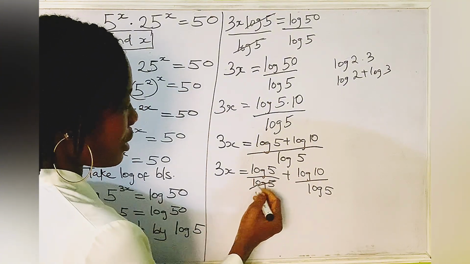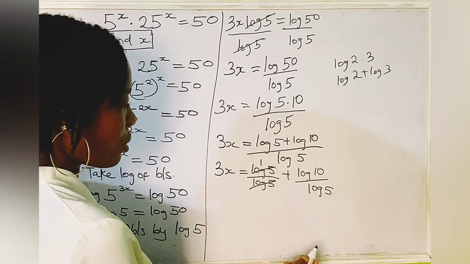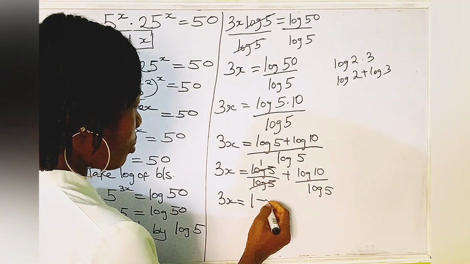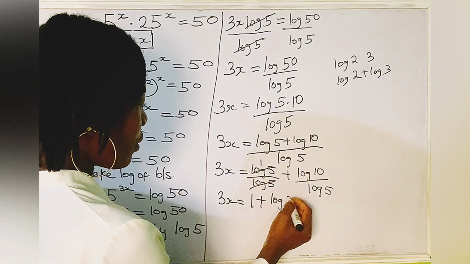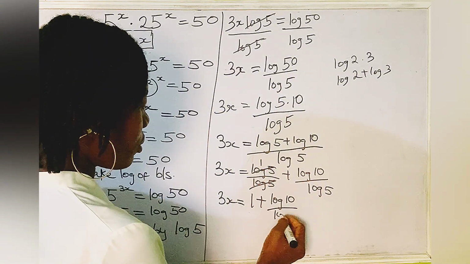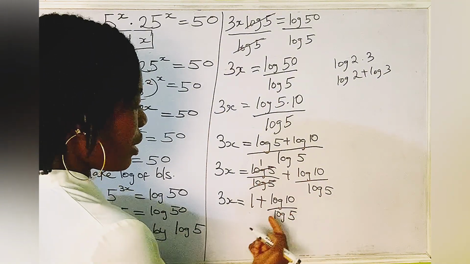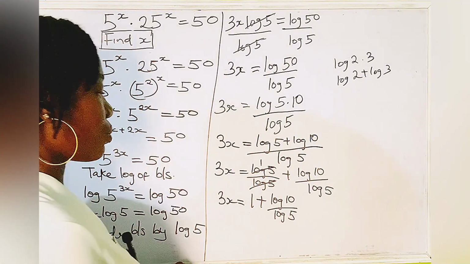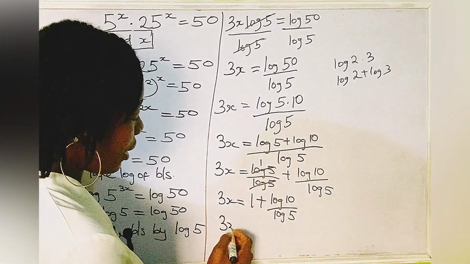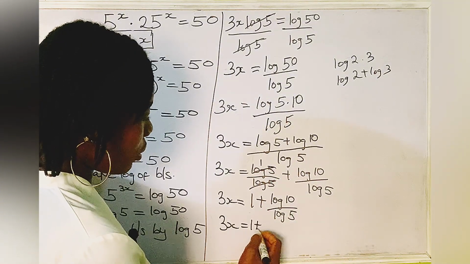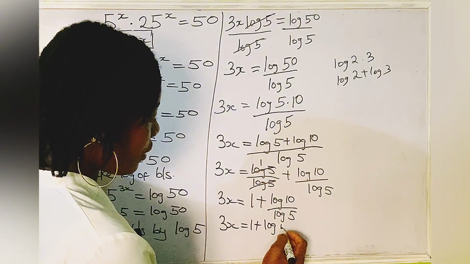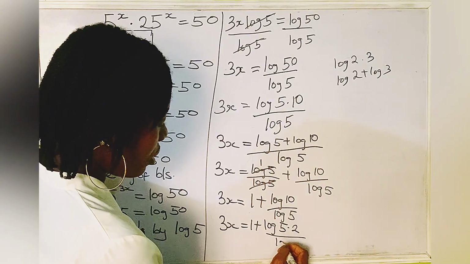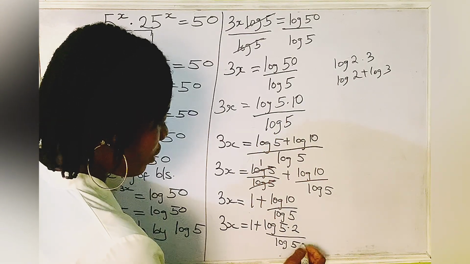So log 5 over log 5 cancels and we have 1. Now we have 3x is equal to 1 plus log 10 over log 5. Now we can also rewrite 10 as 5 times 2. So 3x is equal to 1 plus log of 5 multiplied by 2, all over log 5.